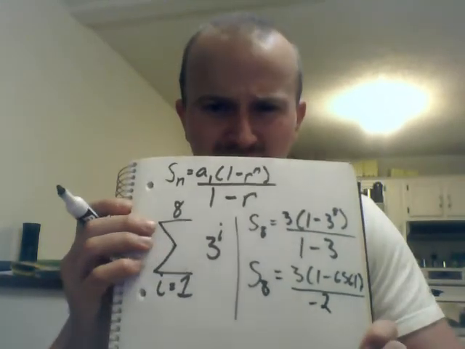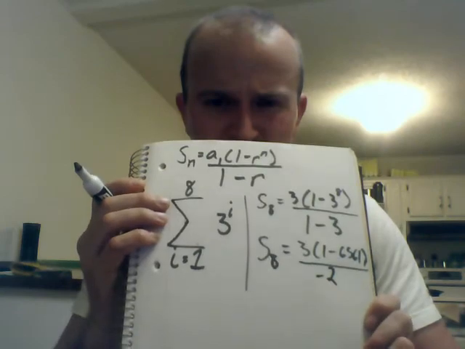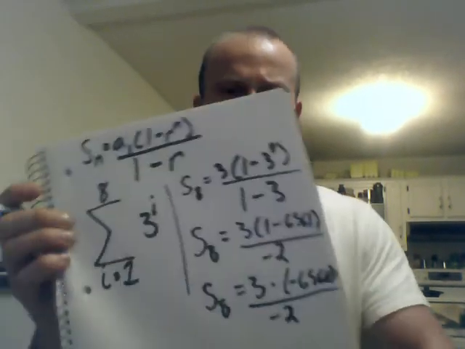So that's what I've got after one step. Next step, I'm going to subtract 1 minus that value, 1 minus 6,561, and that will give me 3 times negative 6,560 all over negative 2. That's what we got right there.